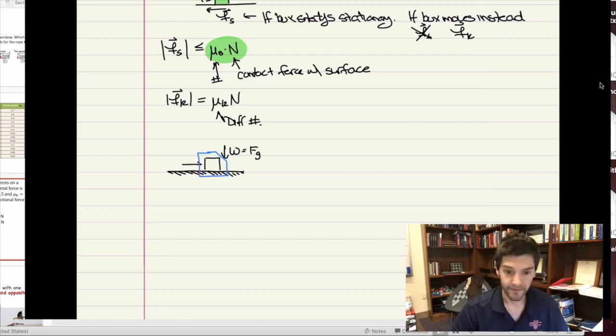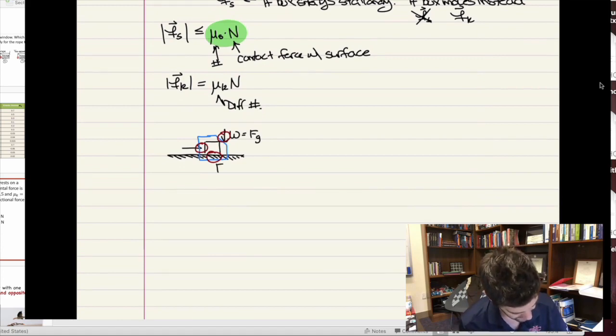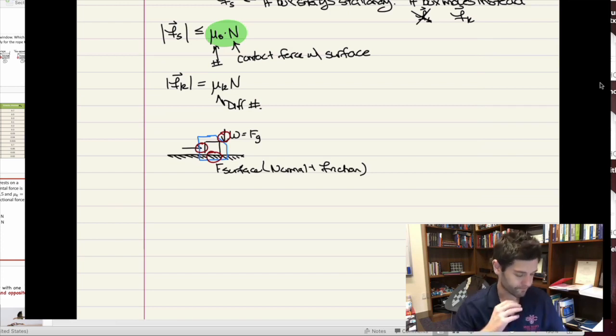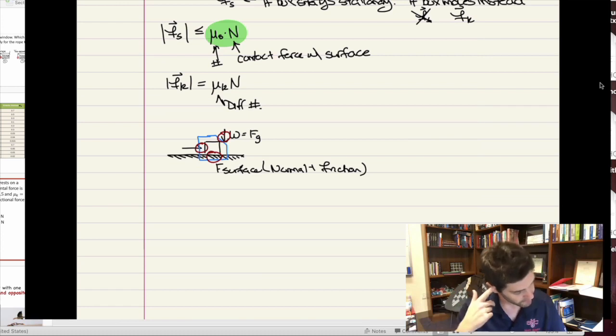All right, so my force diagram: there is a push, there is gravity, and then there is a contact force that has a perpendicular component, the normal force, and also a parallel component, which is friction. So there's some sort of surface force, which can be both the normal force plus friction. I will treat them as two separate forces, but really they're both one and the same.